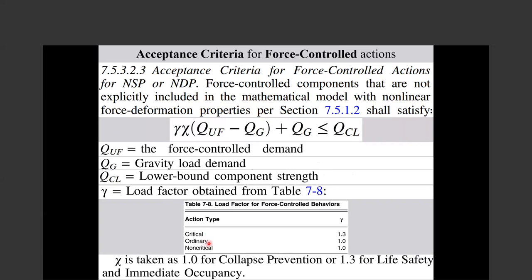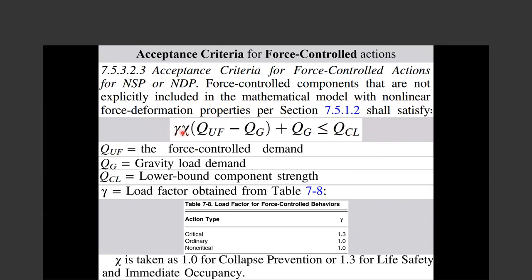If no story or bay collapse, just element collapse is not. So there was some modification, but it's not a big deal because you check the force at the capacity, the strength of the element. Here, whatever accuracy we want is easy.